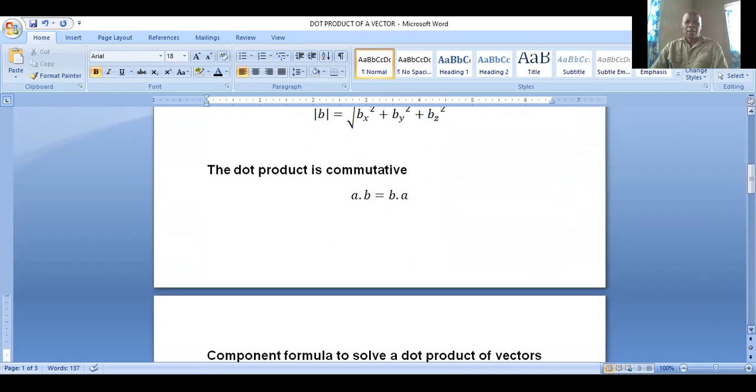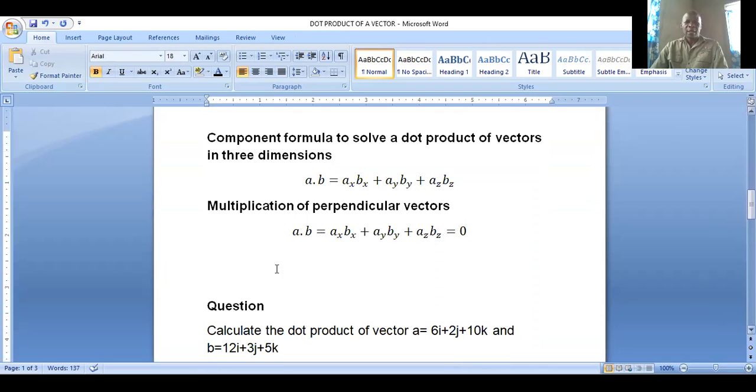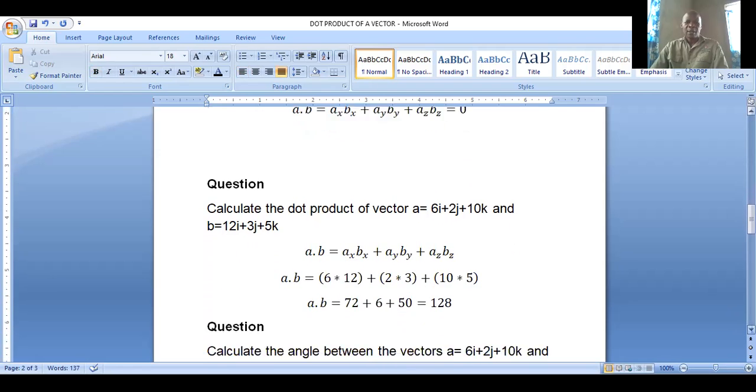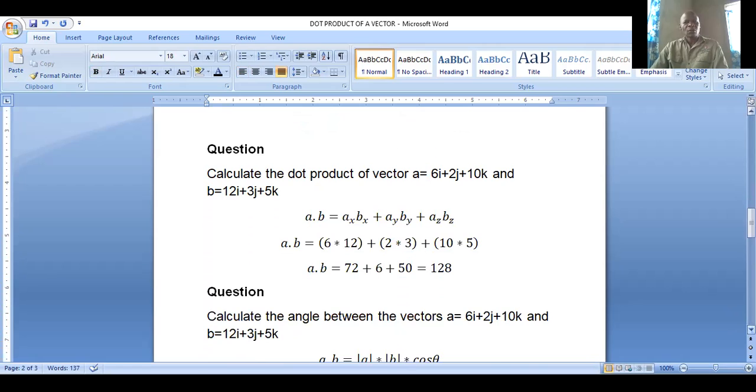And therefore, when you get the dot product of two perpendicular vectors, what you find is 0. And so we will now look at a question which will enable us to cement the understanding of the concepts that we have illustrated above.